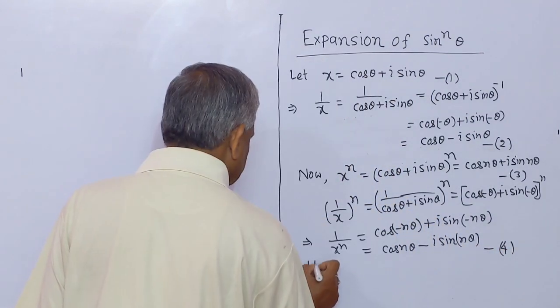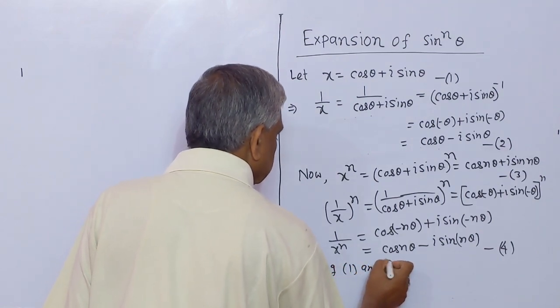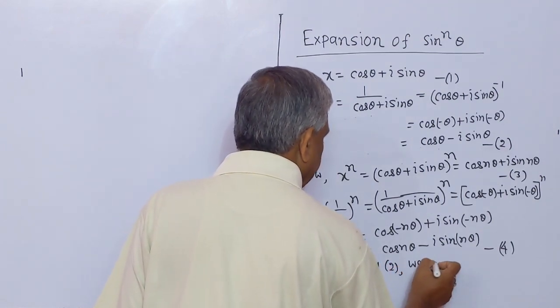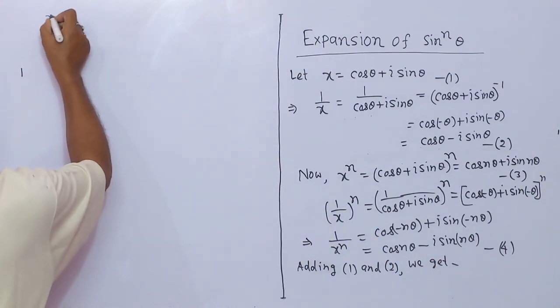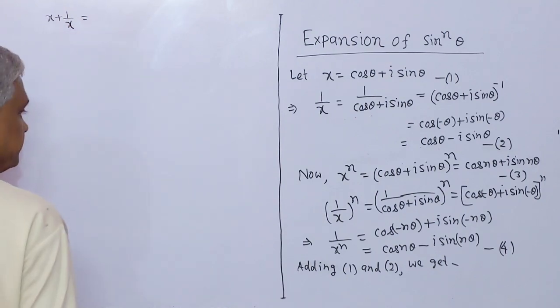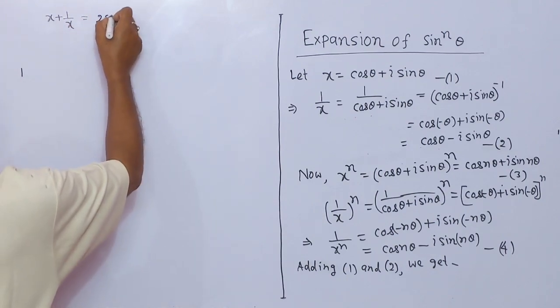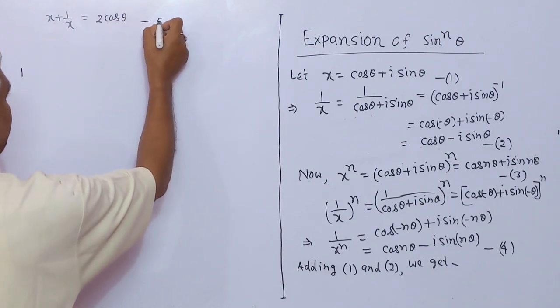Adding 1 and 2, we get x plus 1 by x equal to 2 cos theta. This is number 5.